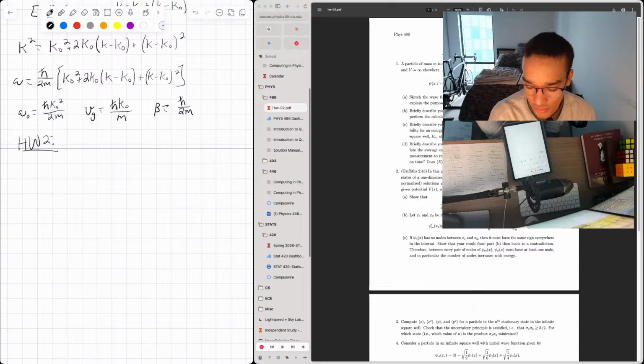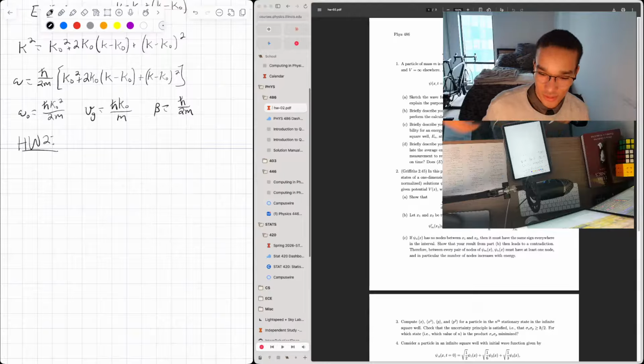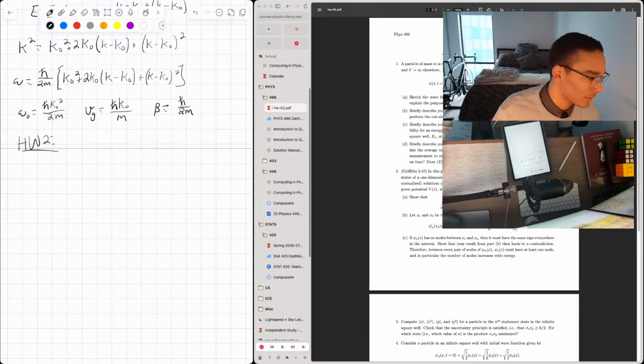But I just need to make sure my equation sheet actually has all the information that I need. Oh, infinite square well, so easy. All right, I'll be right back.